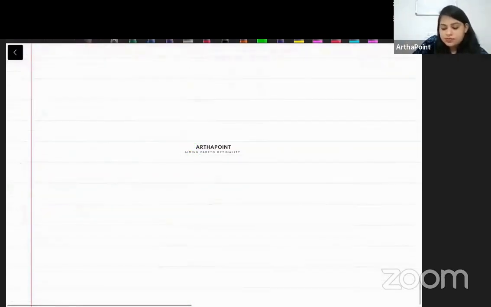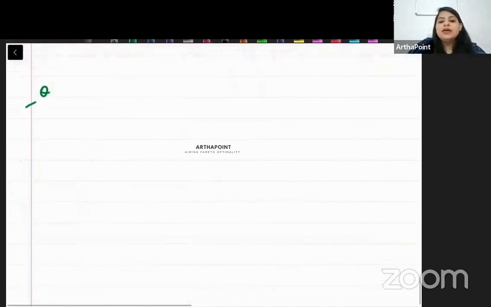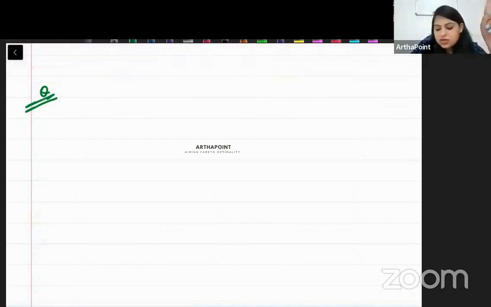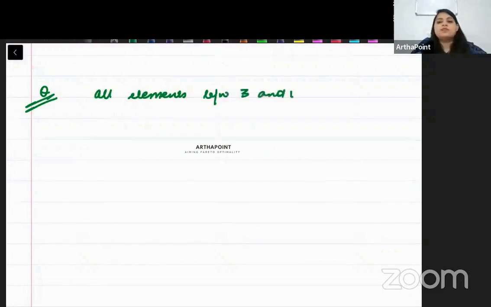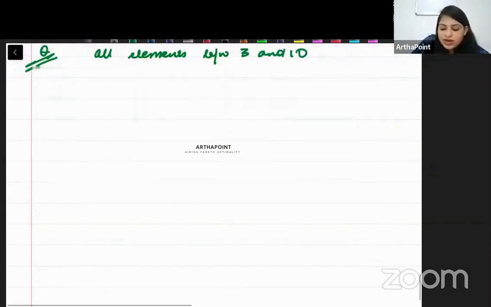Supposedly, I tell you that I want all elements in the set between 3 and 10. All elements that lie between 3 and 10. ठीक है. Now, how will you write it in the roster format, beta?